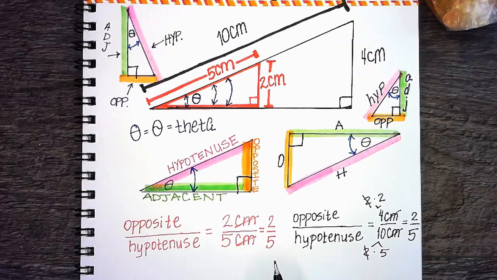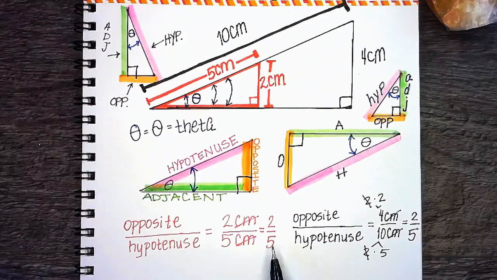Another thing to keep in mind is the ratio between any two legs of the right triangle won't have any units on it because the units should match on the numerator and denominator, and then that will reduce or simplify to 1. So we will not have units when working with ratios.